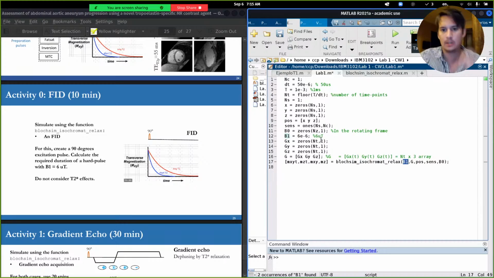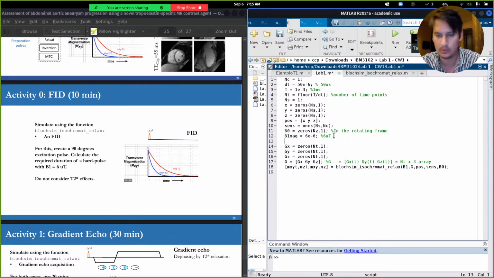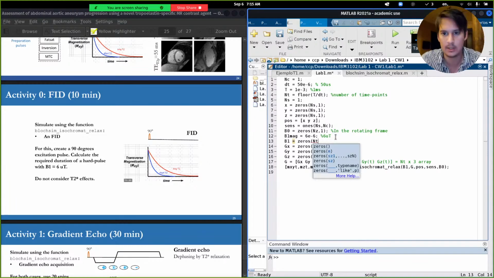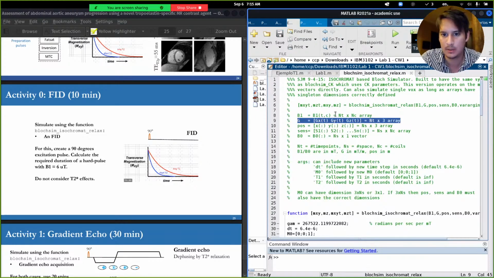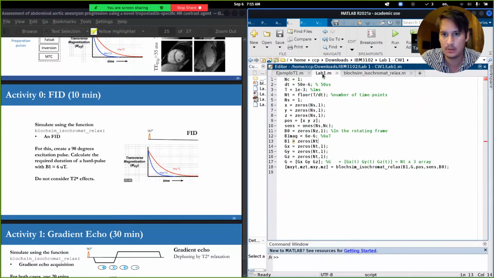But this V1 is not completely correct. This is just the V1 magnitude. If you want to do a correct V1, let's have zeros of nt by coils.